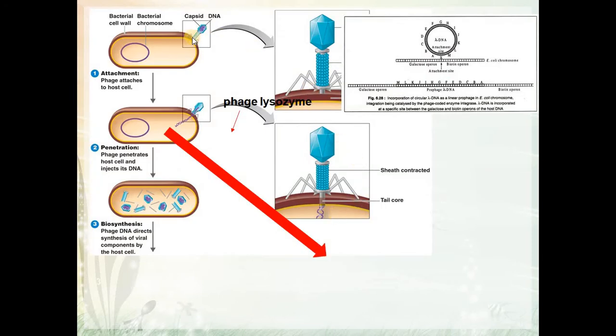So what is really happening in stage 1, which is attachment, is that the virus will use these leg-like structures to attach itself to the bacterial cell wall.